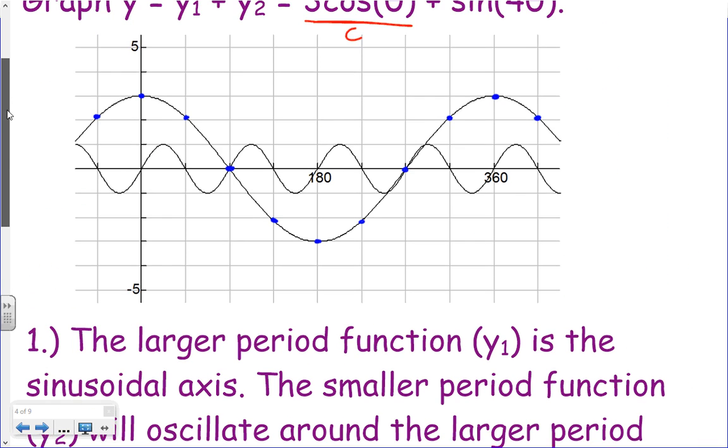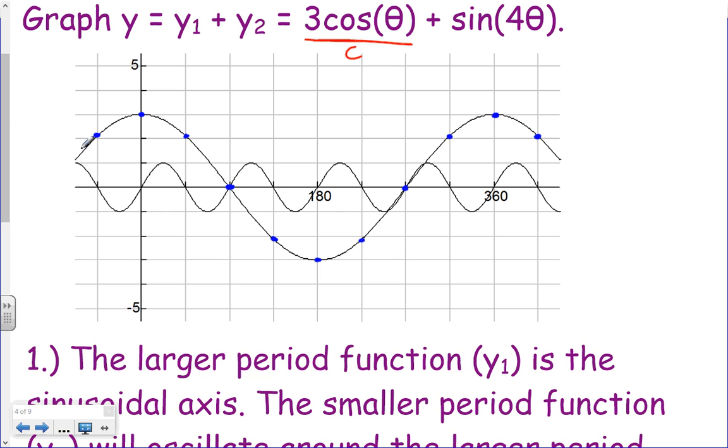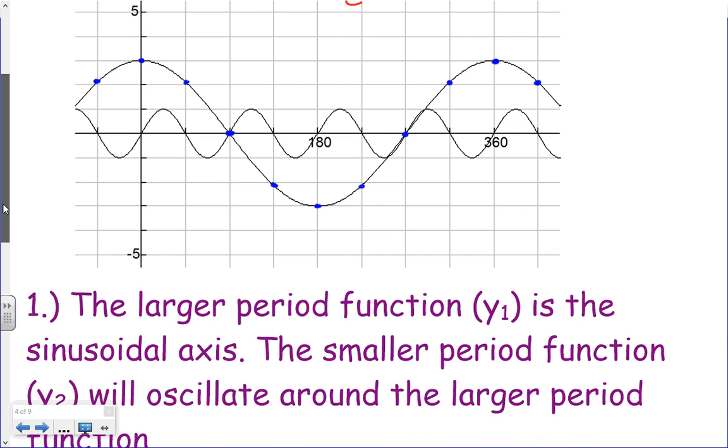That is, if you look at the zeros of this larger period function, there's a 0 right here, and we've already marked that because that was also a 0 shared by the other function, y2. And likewise, there's another 0 here, but I've already marked that. In some cases, those will already be marked at this point, and in other cases, they might not already be marked. So we're just going and checking to make sure we've got all of the zeros of y1 and all of the zeros of y2. All right.